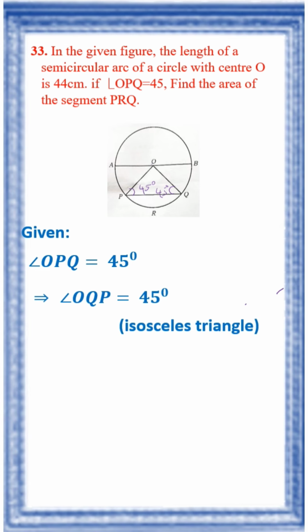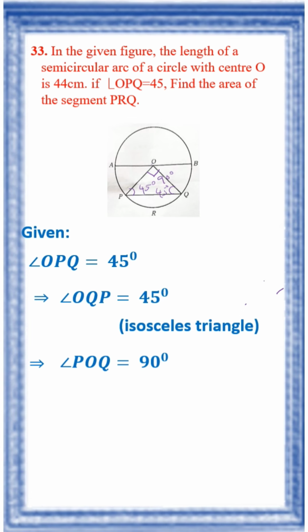Isosceles triangle. Two sides are equal and the angles opposite to them are also equal. So now this angle, what is that angle? POQ is 90 degree. Sum of all the angles of a triangle is 180 degree. 45 plus 45 plus 90 is 180 degree.